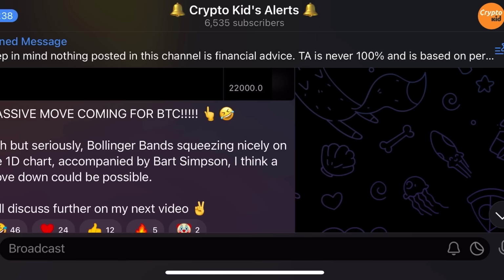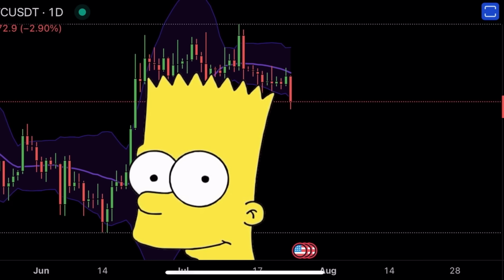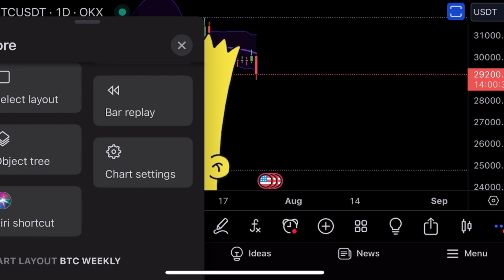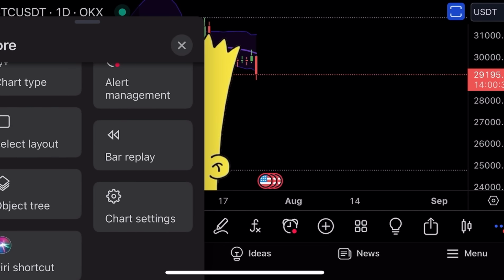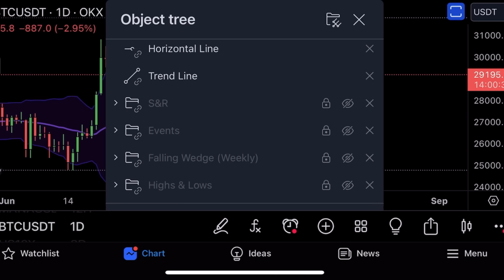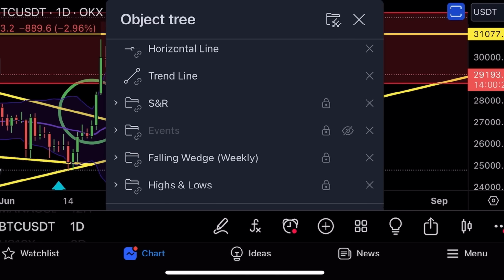And I said a move towards the downside could be possible. And of course, in the previous videos, I've always mentioned my targets for the move towards the downside. And the downside move target would be, let's get rid of this massive head of Bart Simpson because it is blocking the way. So let's get rid of Bart Simpson. Let's put in our support and resistance. Let's put in our falling wedge, our highs and lows.